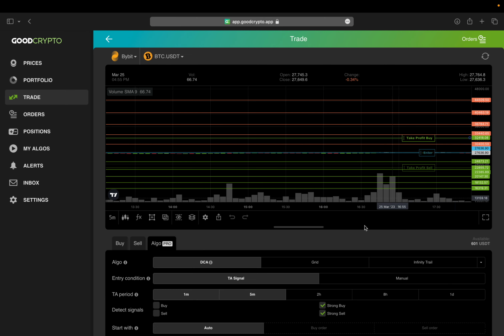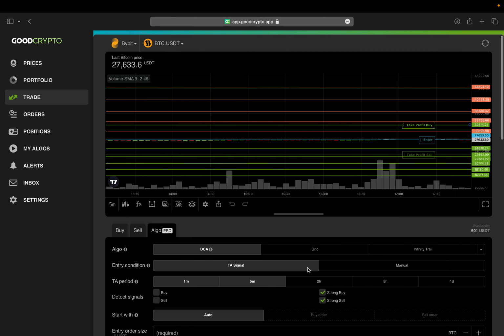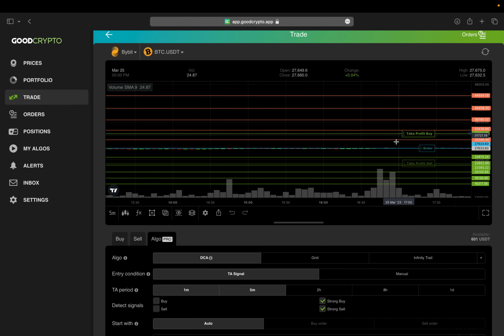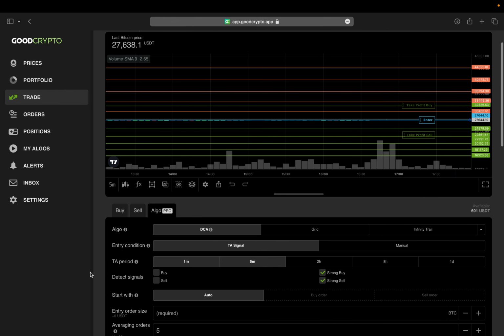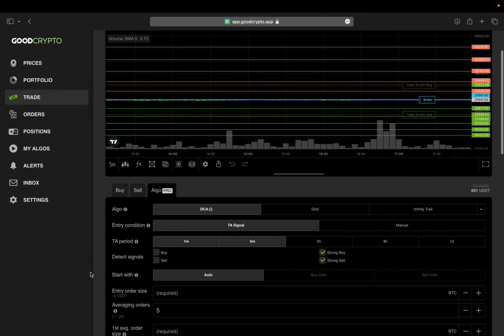Now you can see that if we choose two sides, we have two sets of orders because it will enter. We show you the entry from the market price at the moment, but of course, the price can move in any direction when the signal triggers.